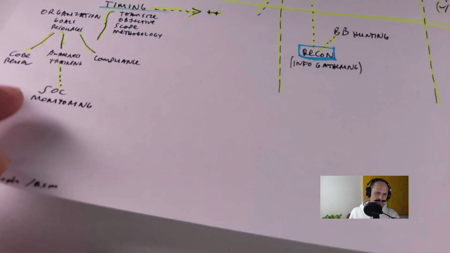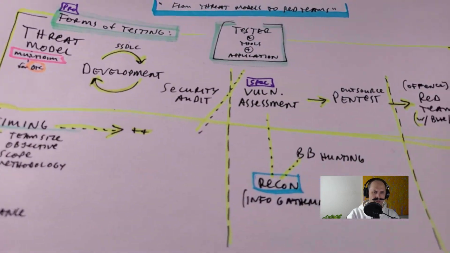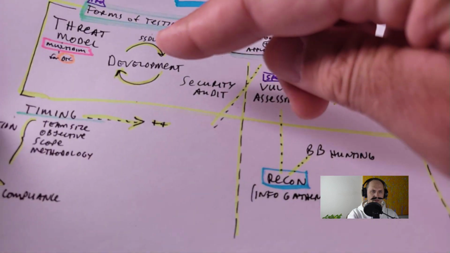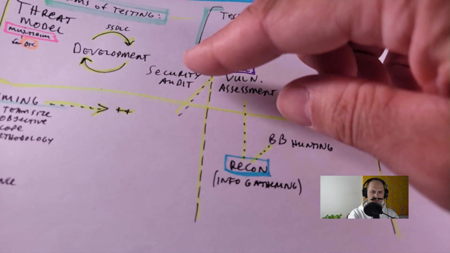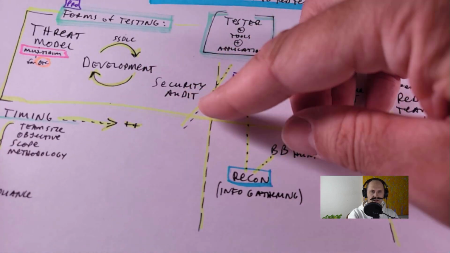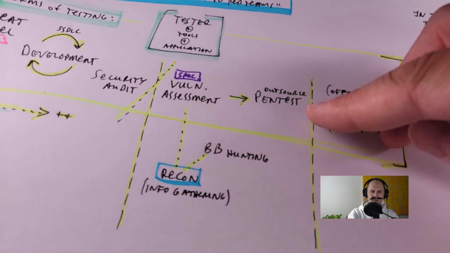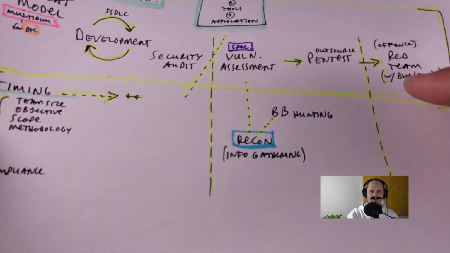methodologies. I'm going to bring up the map again just for a final moment here. We went through all this, that main area, the difference between threat modeling, the SSDLC development whole cycle, and then a security audit that comes after, a vulnerability assessment afterwards, potential pen test and potential red teaming afterwards.